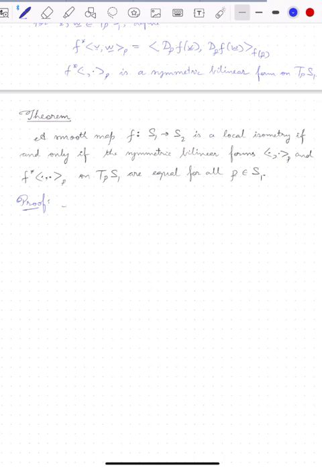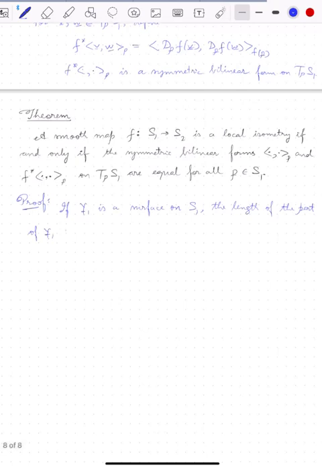So the proof is that if gamma vector 1 is a curve on S1, then the length of the part of gamma 1 with endpoints gamma 1 at t naught and gamma 1 at t1 is the integral from t naught to t1 of the square root of gamma 1 dot, gamma 1 dot, dt.